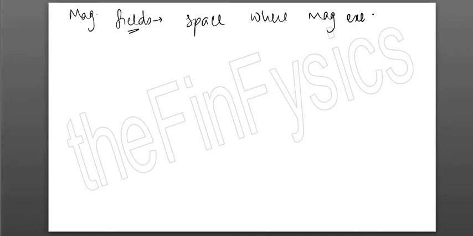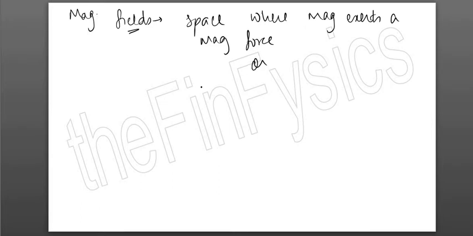The next part is about magnetic fields. Any field is a space where, since it is a magnet, we'll say a magnet exerts a magnetic force onto another magnet or any other magnetic substance.